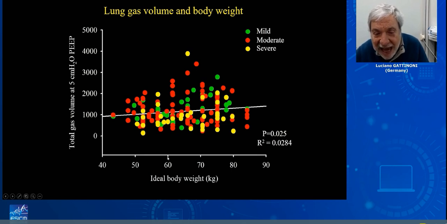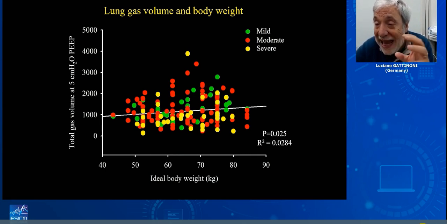You see that at 60, you may have extremely low gas volume, or almost 1.5 liters. At 70, we may have very low or very high gas volume. What is important is the ratio between the tidal volume and the gas volume, not the body weight. The same individual may have a small baby lung or almost an adult lung.